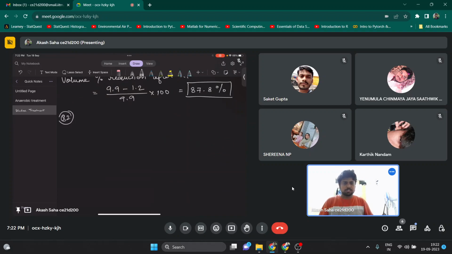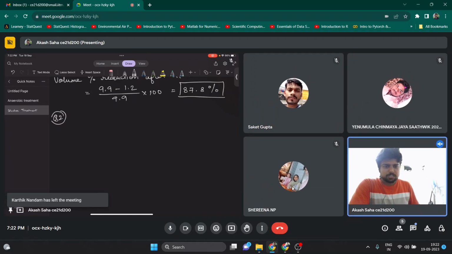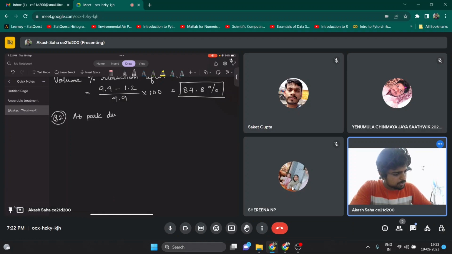So we will solve this for peak design consideration. If peak design considerations are met, then our average conditions will be taken care of. So at peak design consideration, first for primary sludge, what are my kg per day dry solids?